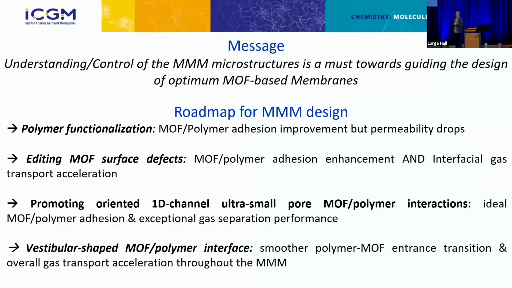We can also tune MOF surface defects to achieve both improvement of adhesion and improvement in performance. We found this strategy very useful to make MMM with exceptional gas separation performance for natural gas treatment. And here we go with this new idea, the use of vestibular shape to improve both permeability and adhesion.